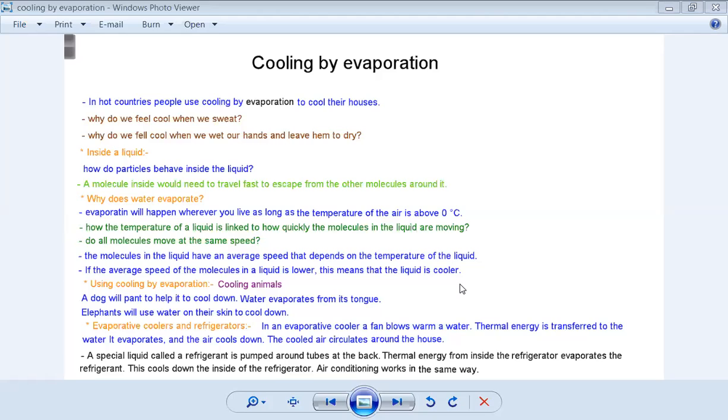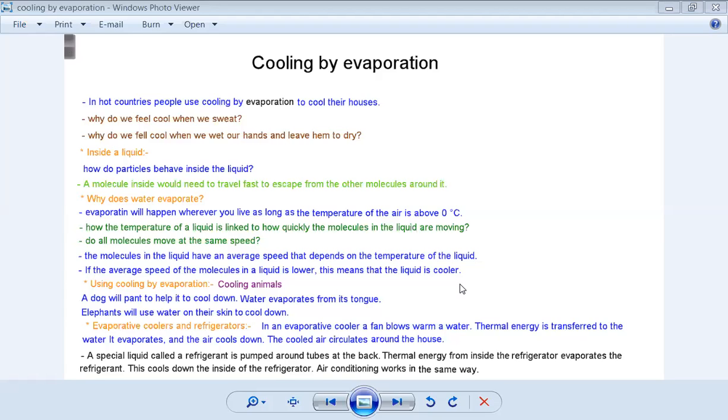If the average speed of the molecules in a liquid is lower, this means that the liquid is cooler. Why? Because they don't have much energy. They have less energy, so the speed will decrease, and that means the liquid is cooler.